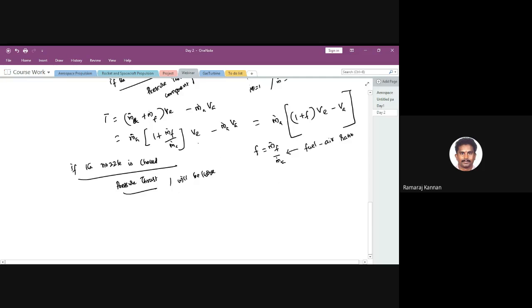One is the under expanded nozzle, then the over expanded nozzle, and the correctly expanded nozzle.